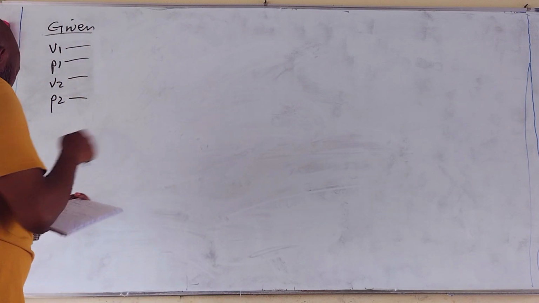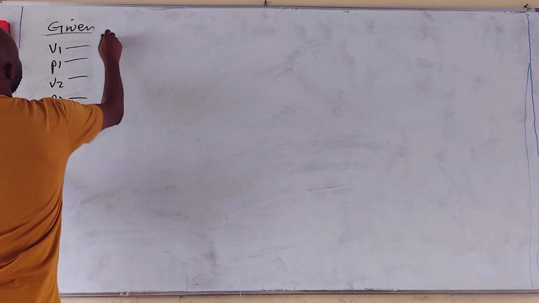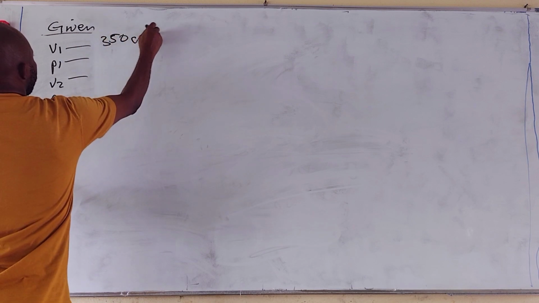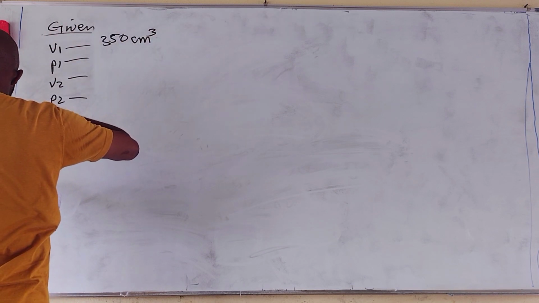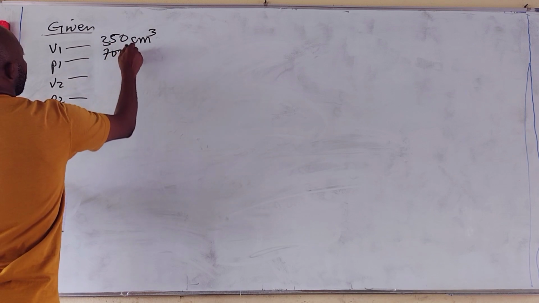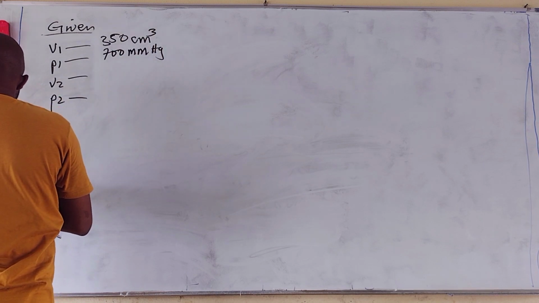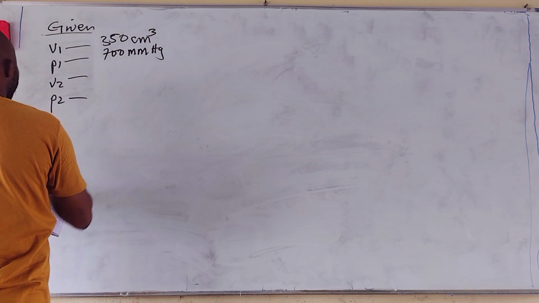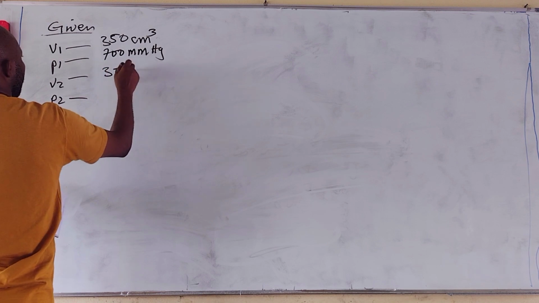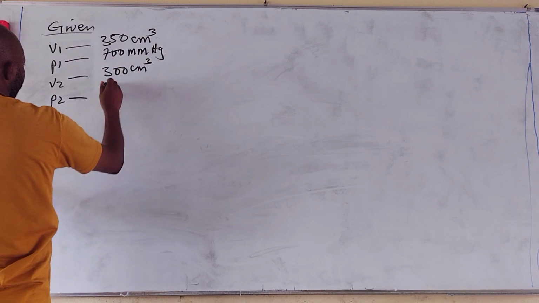What pressure will be required to compress 350 cm cube, V1, of hydrogen at 700 millimeter of mercury to 300 cm cube? What is the pressure?